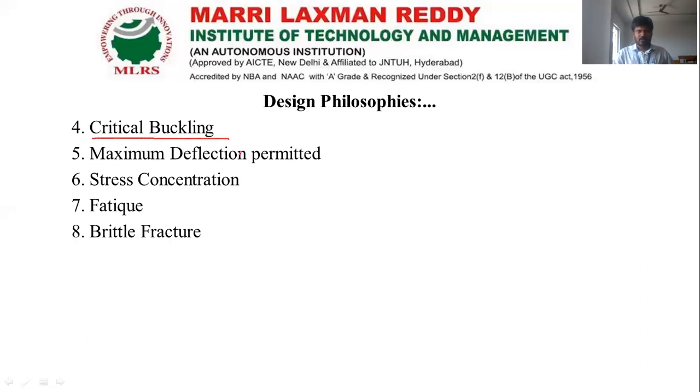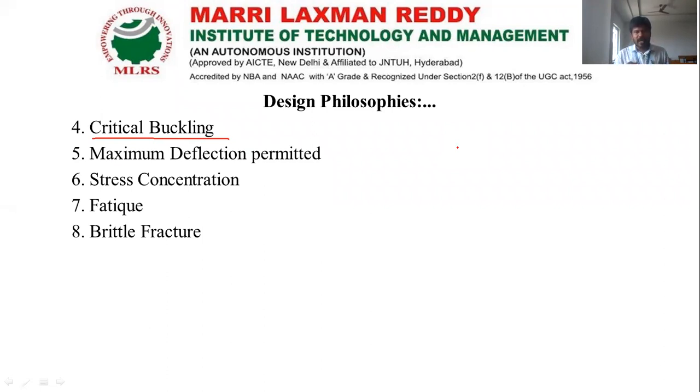Next, critical buckling. Buckling, we can consider for a column. We can have a short column or a long column based on the ratio of length to dimension. If the height to dimension ratio is more than 12, then we can call it a long column. A long column has buckling failure, which means maximum deflection failure.